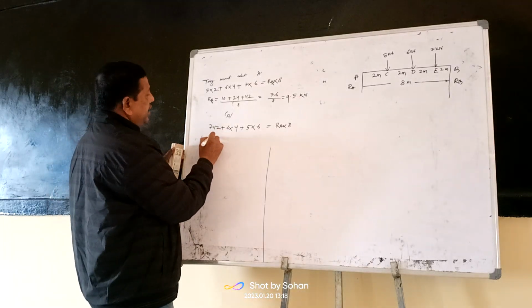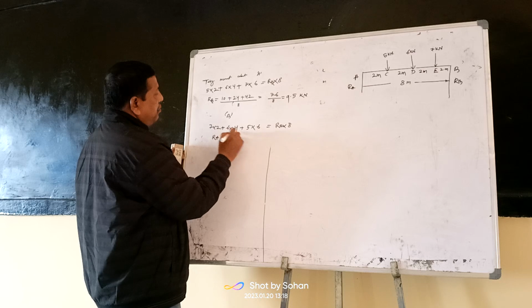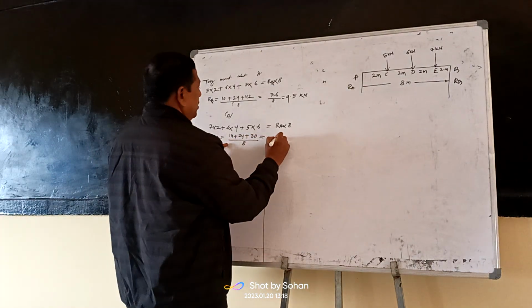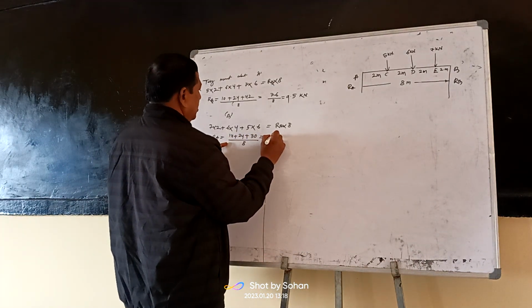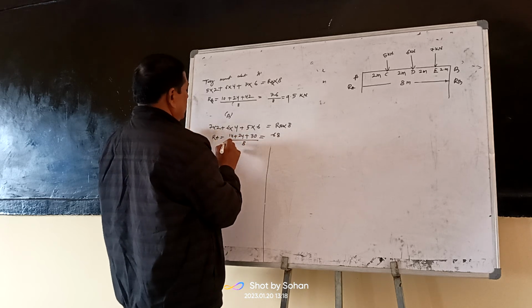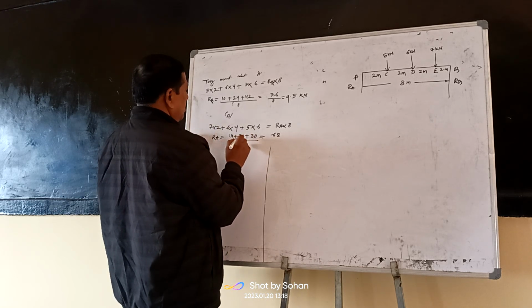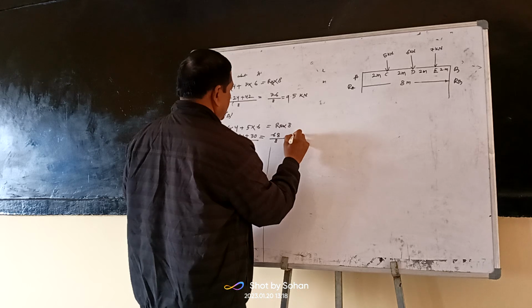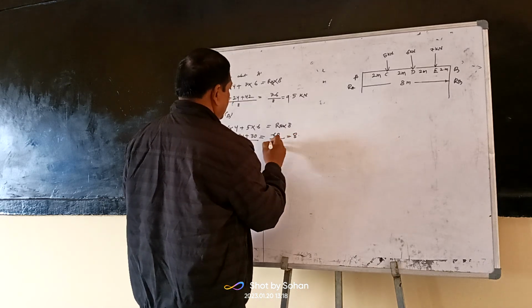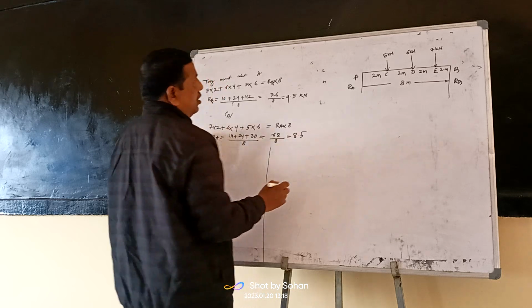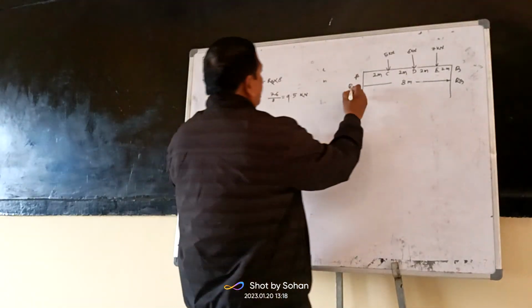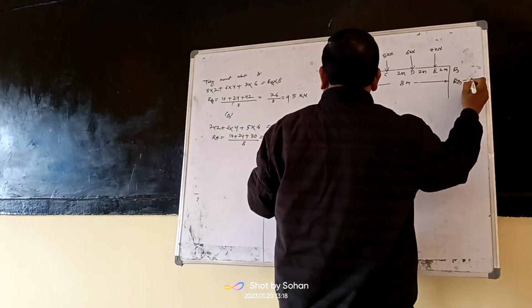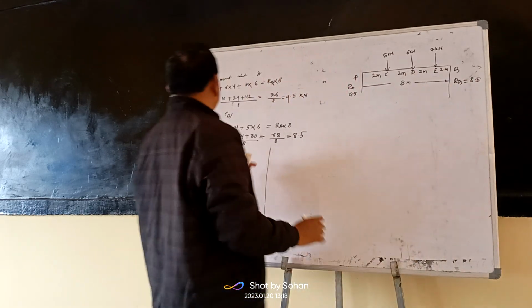Then RA is equal to 14 plus 24 plus 30 divided by 8, that is 8.5. So RA is equal to 8.5 and RB is equal to 9.5. So these are RA and RB.